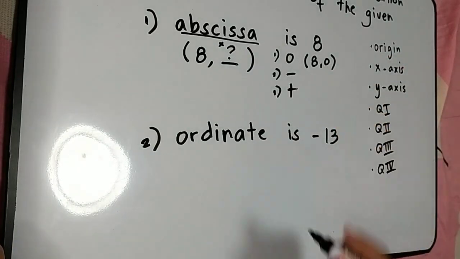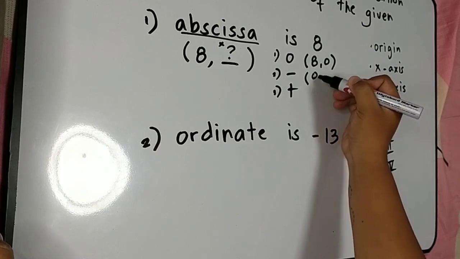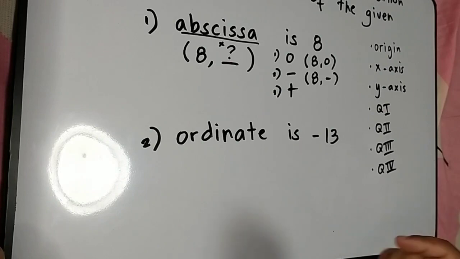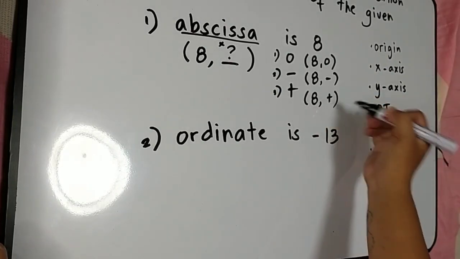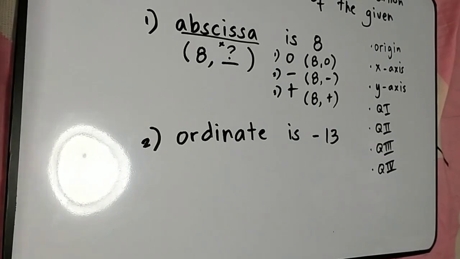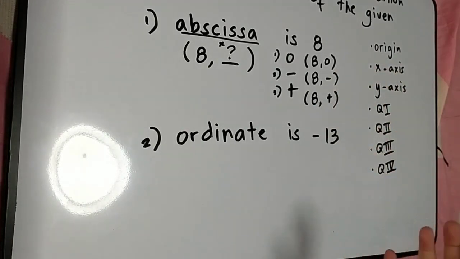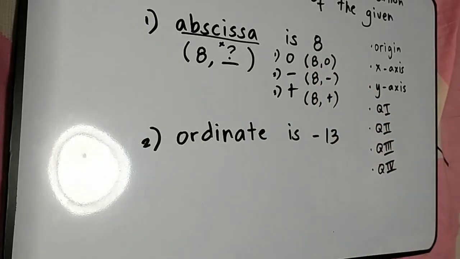Then kung negative naman si y, ang coordinate natin is 8, then mga negative numbers. Kung positive naman si y, so we have here 8, then positive numbers. Now, ito yung mga possible locations niya kasi depende yun sa magiging value ni y. And again, ito yung mga possible values kasi pwede maging 0, negative, or positive.